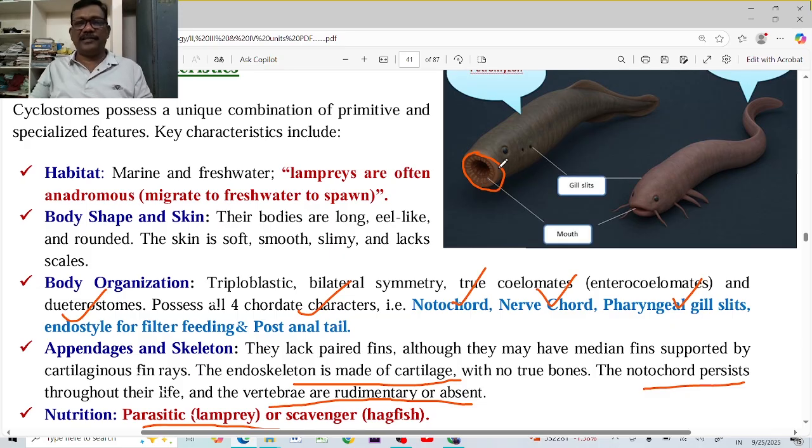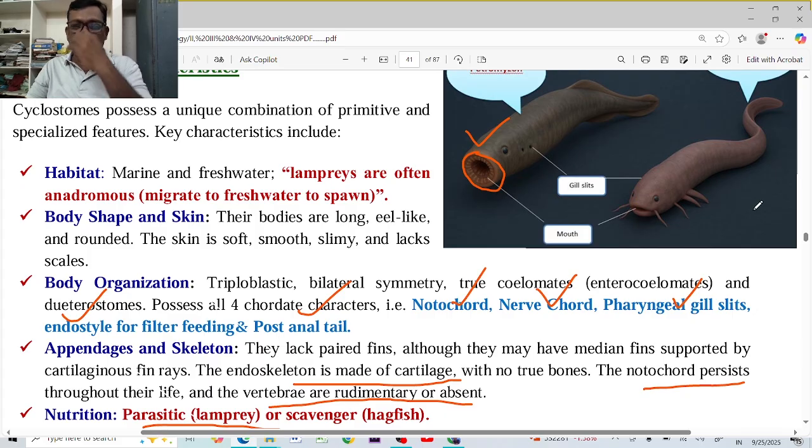These are ectoparasites. They attach to other animals, fishes or others, make an injury, and suck the blood or other body fluids from that animal. Just like a leech, this is called parasitic nutrition.